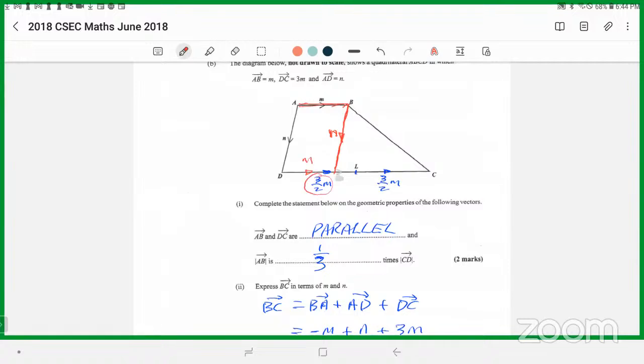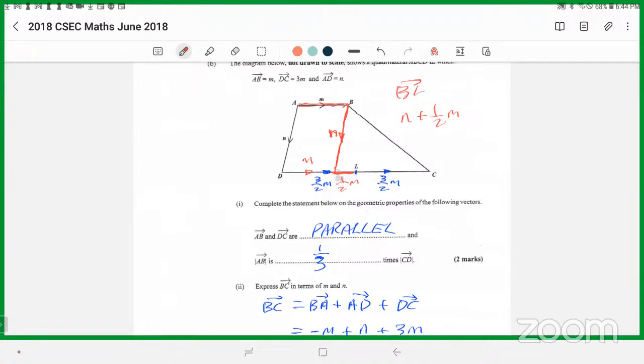This is 1.5m now. 3 over 2 is 1.5. So if this is 1m, a little piece left right here is half m. So B to L, I can tell you, is n plus half m. That's what BL is. n plus half m.